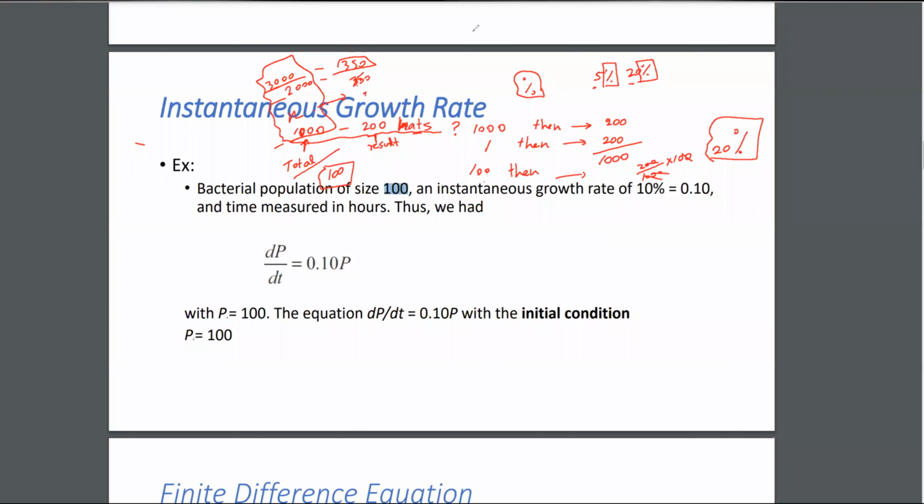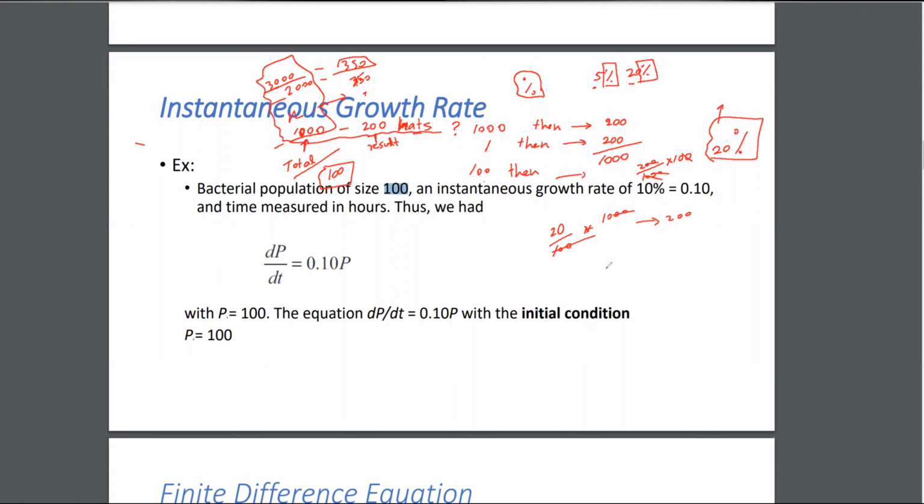Again, if I want to convert this back to the total number, for 1,000, I simply write like this and multiply by 1,000. So eventually you get 200 back.